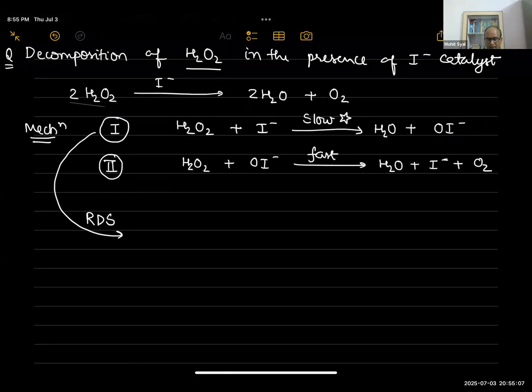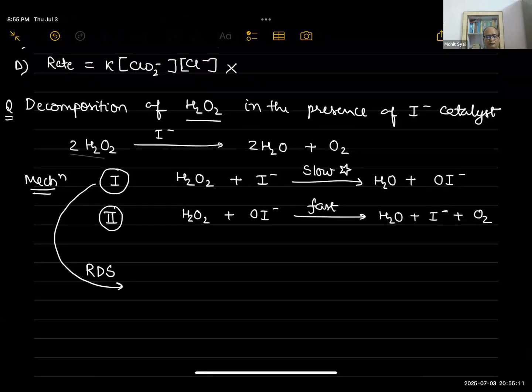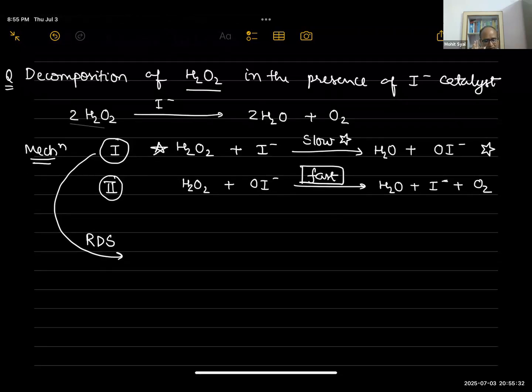Yeah, this is a complex reaction, and the overall mechanism is given to you. It is divided into two steps, as you can see, slow step and fast step. Okay, and you can write the rate law.